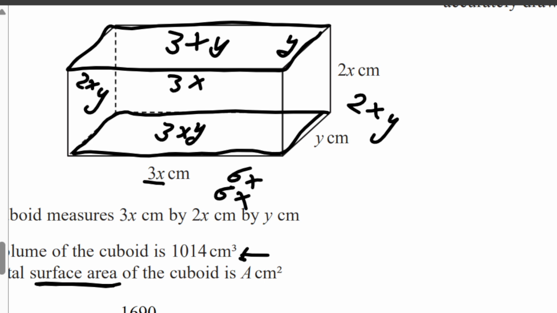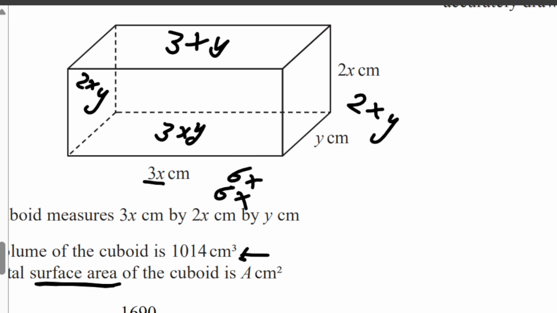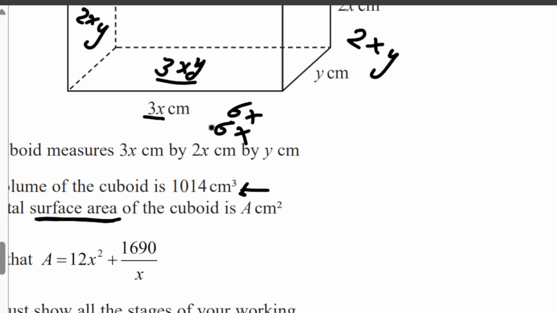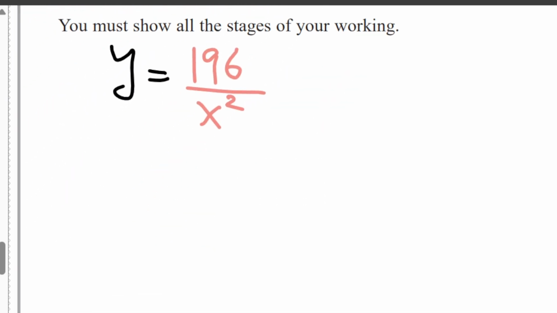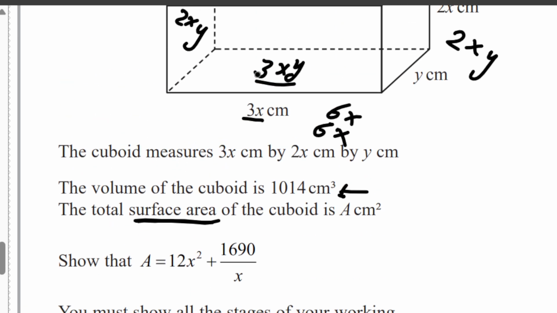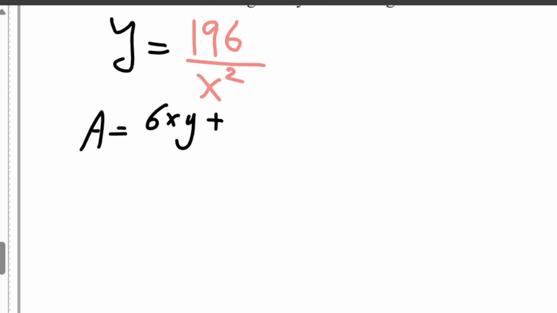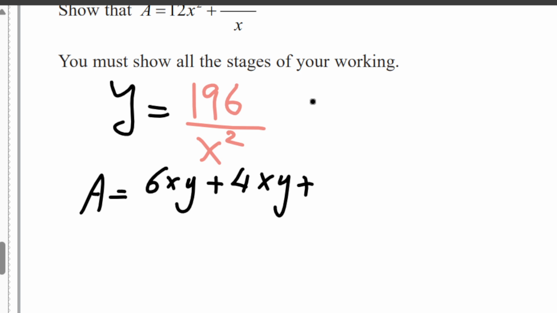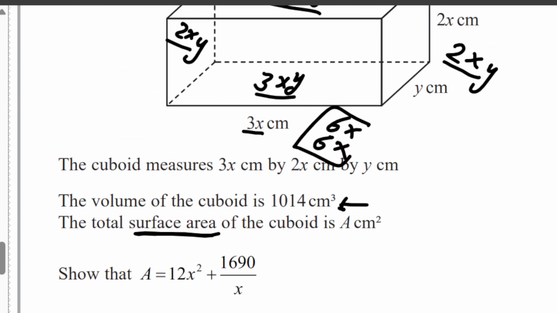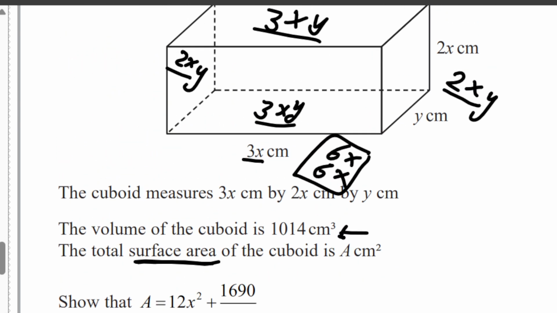Yeah. Now, what I will do, I'll now add these areas. 3xy and 3xy makes 6xy. So let's say area equals 6xy plus 2xy plus 2xy is 4xy plus 6x squared and 6x squared.